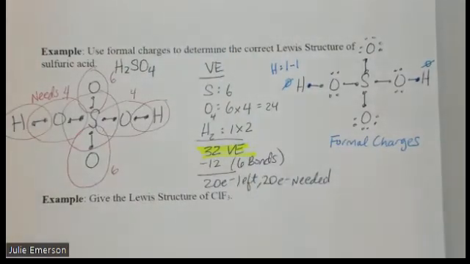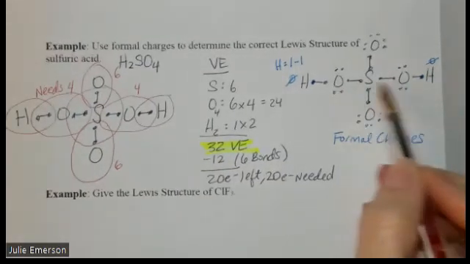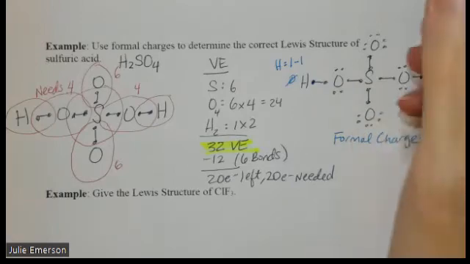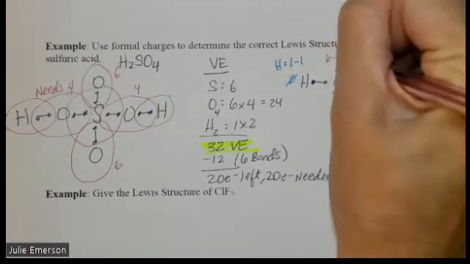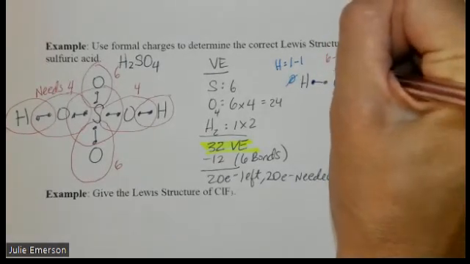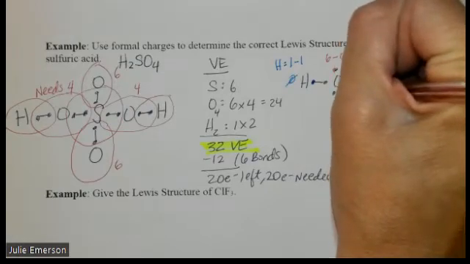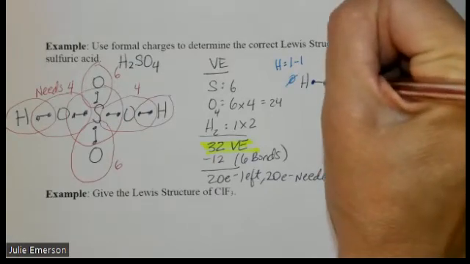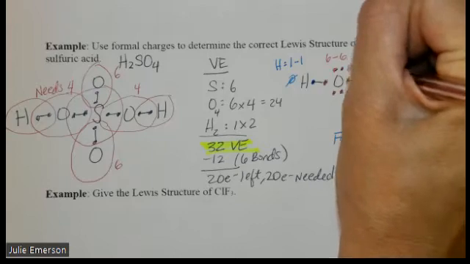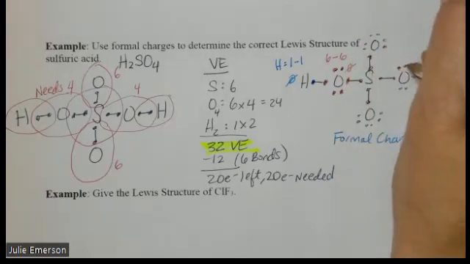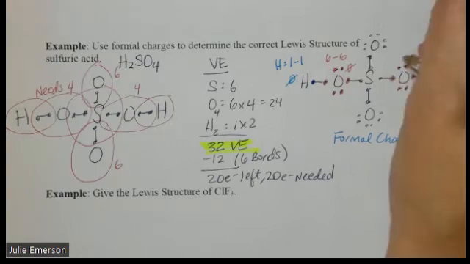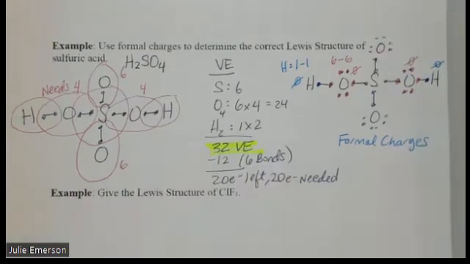Now the oxygens in the middle, over these 2 here, they look the same. Oxygen comes in with 6, and we've assigned it 6, right? 1, 2, 3, 4, 5, and 6. So again, formal charge there is 0. This oxygen looks the same. We've assigned it 6, so formal charge there is also 0. So far, formal charges are looking good.